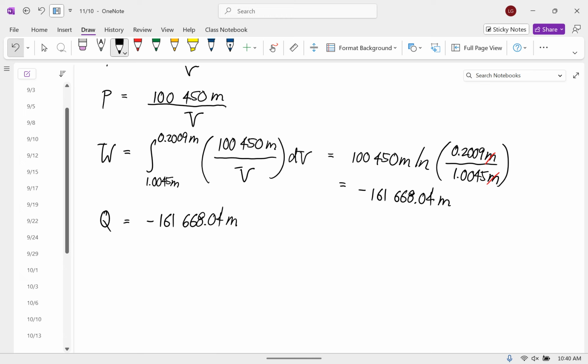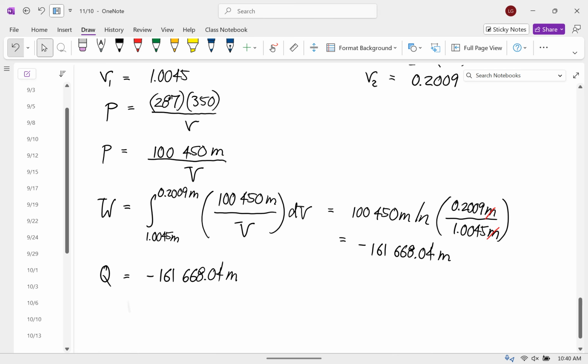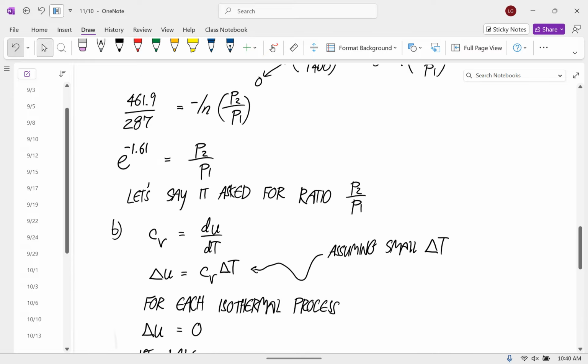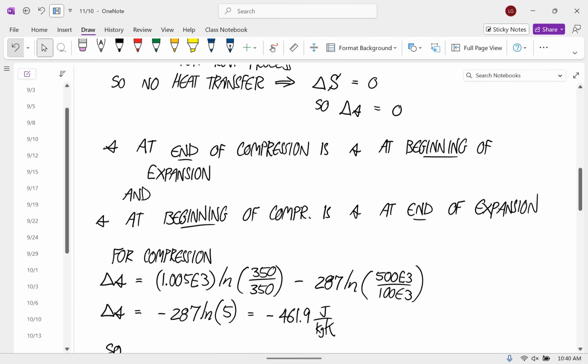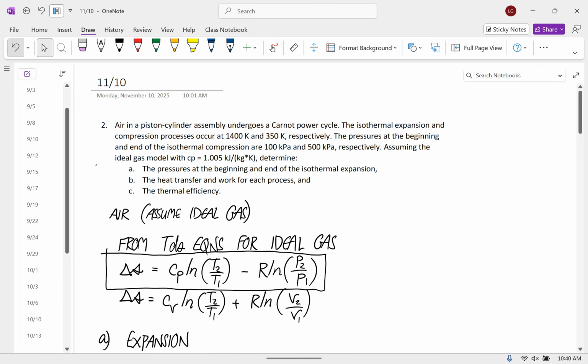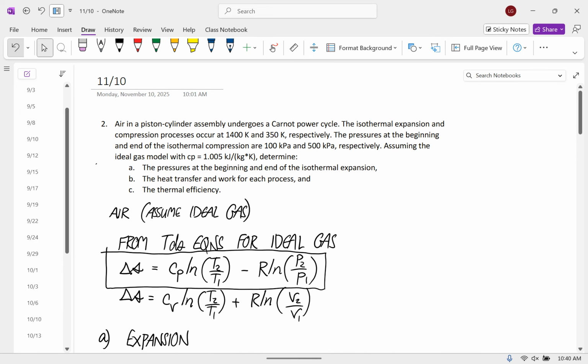And if we did know the pressures at the start and end of the expansion, we could do the same thing for that. I really think that probably I would have had to give you one single pressure, either the starting or ending pressure for the isothermal expansion.